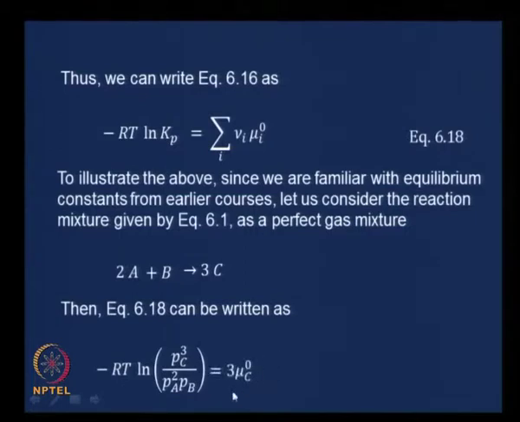This equals 3 mu c naught minus 2 mu a naught minus mu b naught, the sum over I of nu I mu I naught. We will call this equation 619.